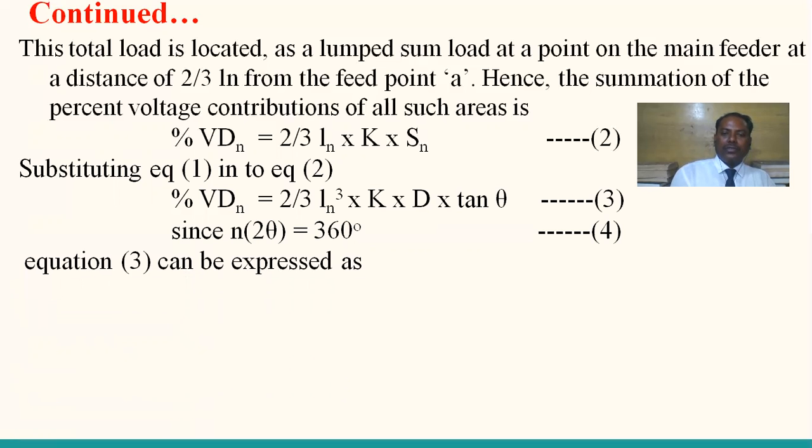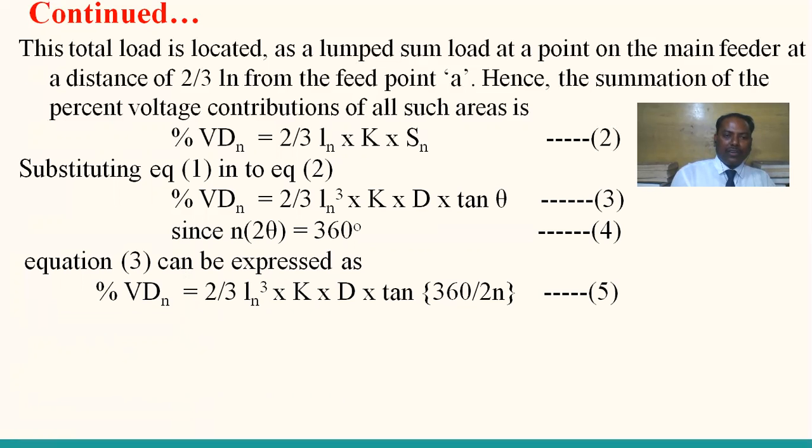Equation 3 can also be expressed as the percentage voltage drop of 1 feeder out of n feeders is equal to 2/3 ln cube into k into d into tan of 360/2n. You can observe that instead of theta, we can write it as 360 divided by 2n.